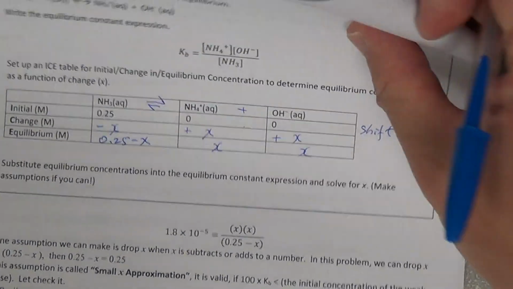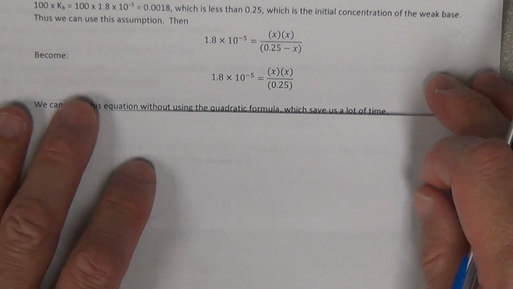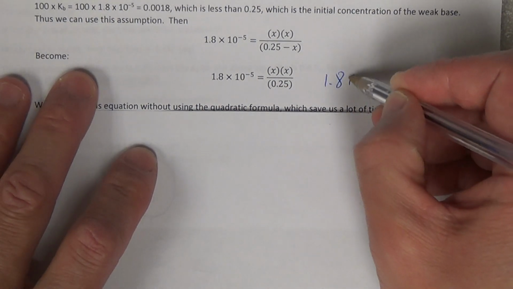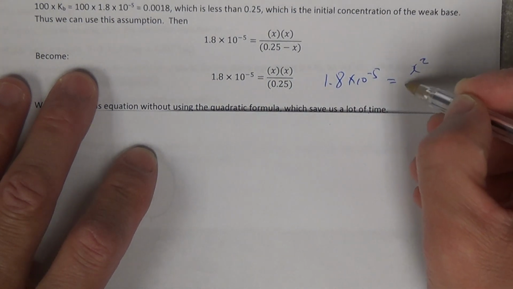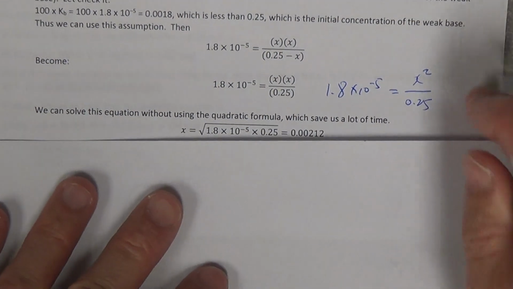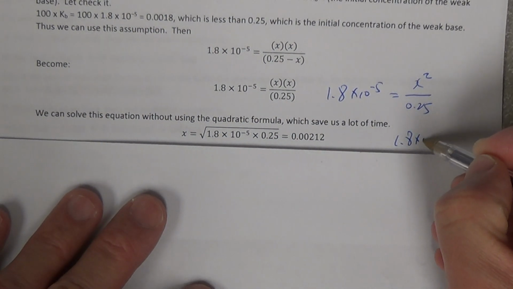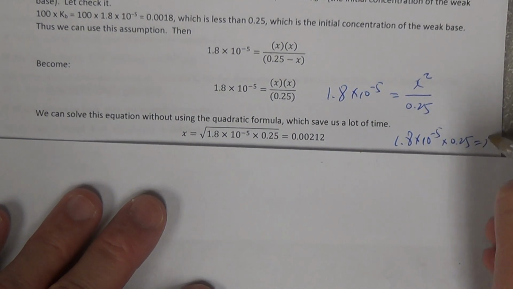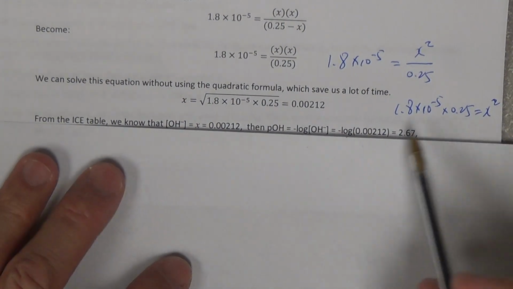Now the problem becomes simpler because you don't have to use the quadratic formula. So this equation becomes 1.8 times 10 to the negative 5 equals x squared divided by 0.25. You multiply the 0.25 over, so you get 1.8 times 10 to the negative 5 times 0.25 equals x squared. And then you just take the square root of both sides.